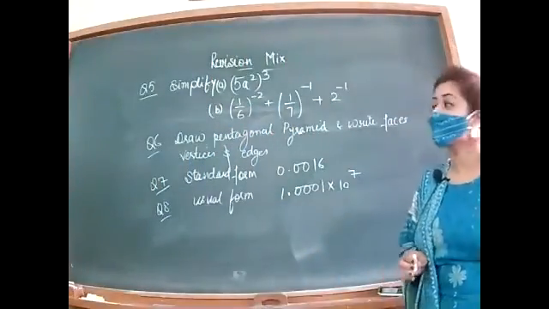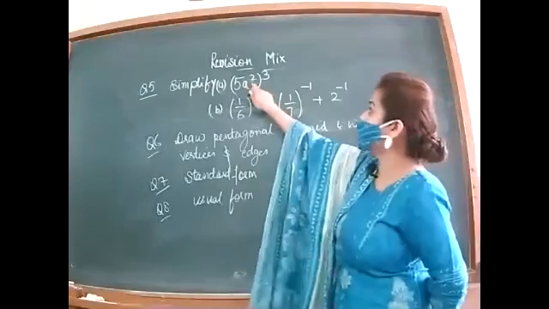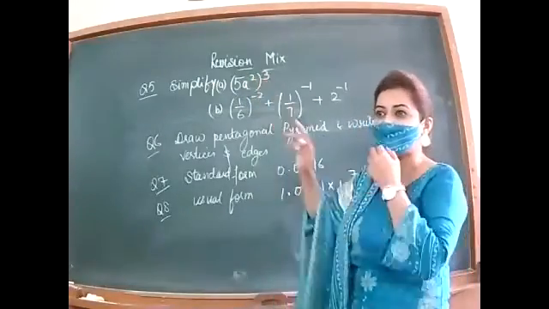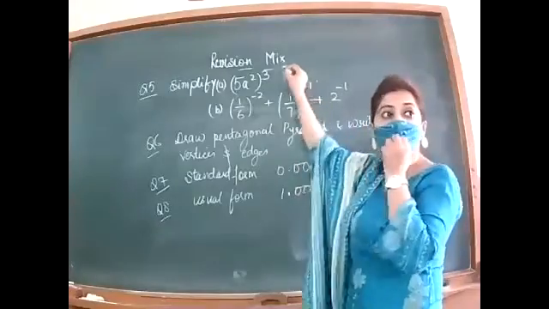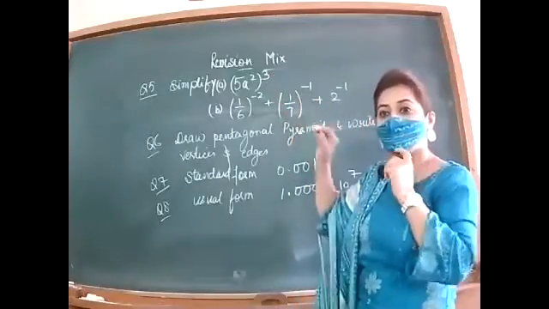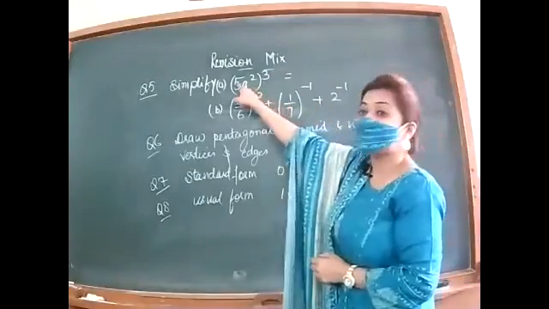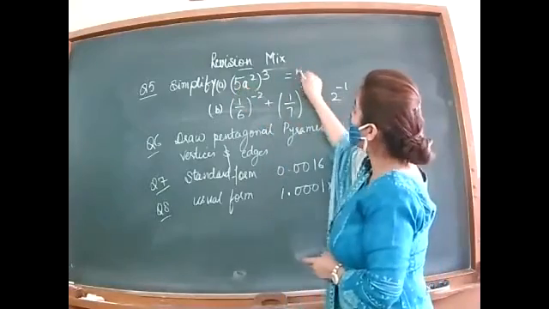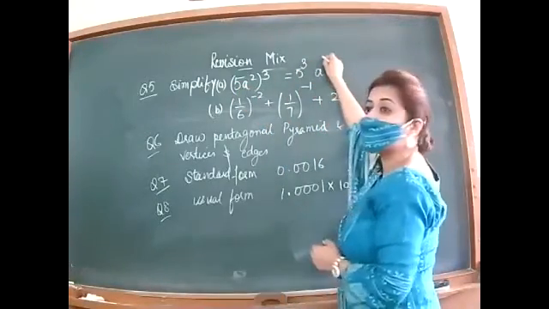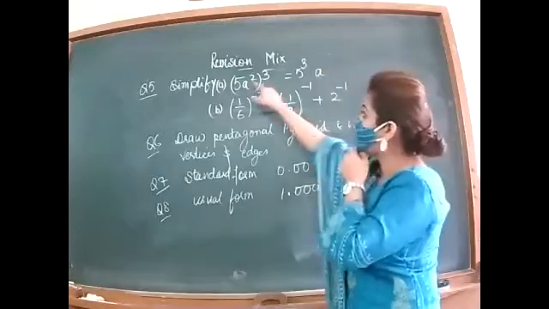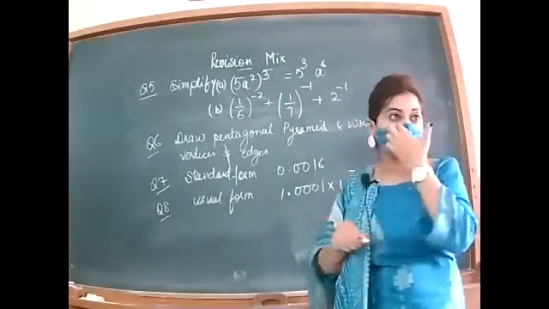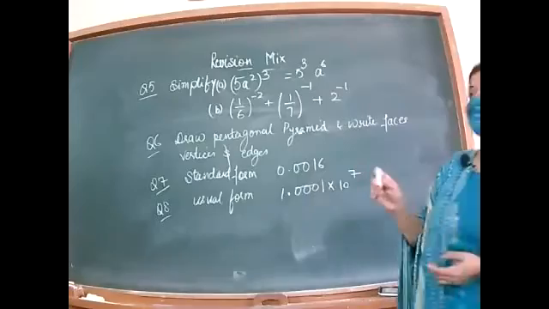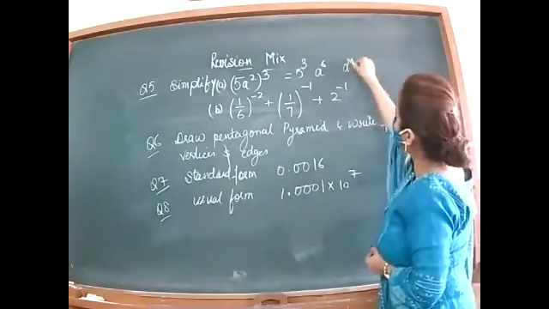Yes, question number 5, first part. 5a square whole raised to power 3. Now in this, how you will solve? Firstly, you will open the bracket. It will be 5 raised to power 3 and a raised to power 6. 3 2s are 6. Which law we have used?